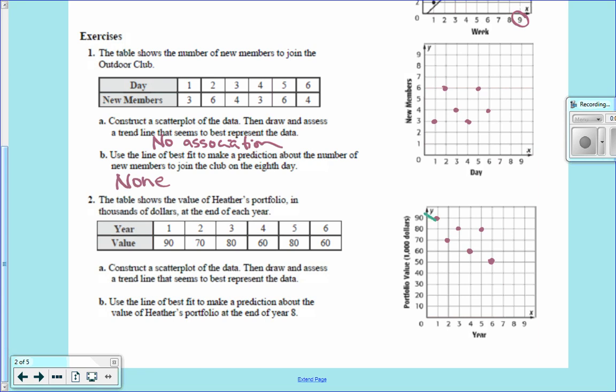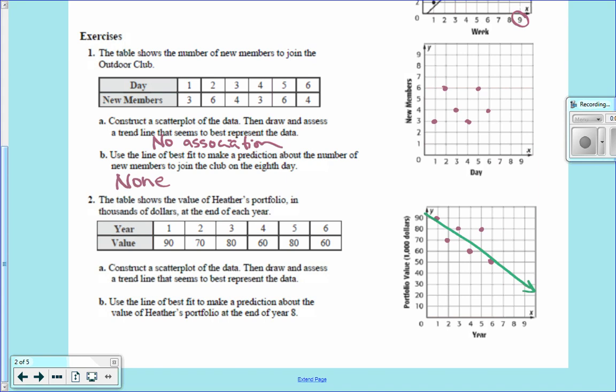Let's see if we can get something similar. Maybe kind of right there. Were you with that? Yeah. Okay. You want it to best represent your data, the trend line. That's going to help us predict.